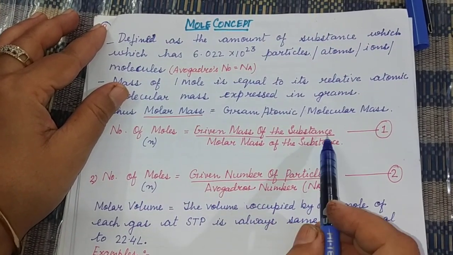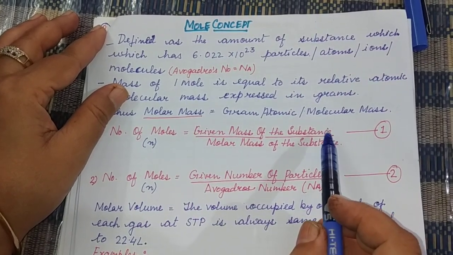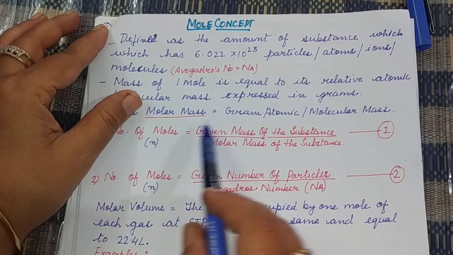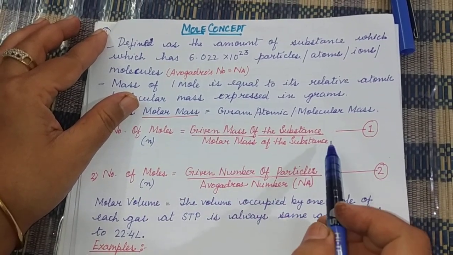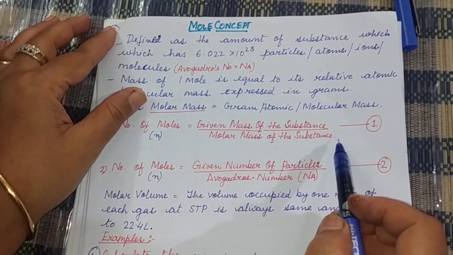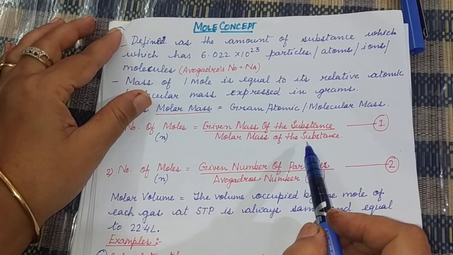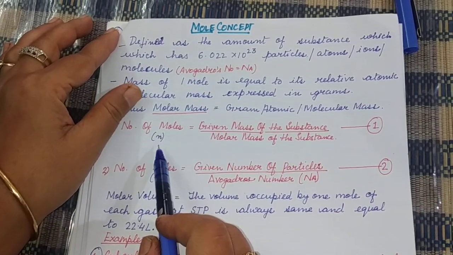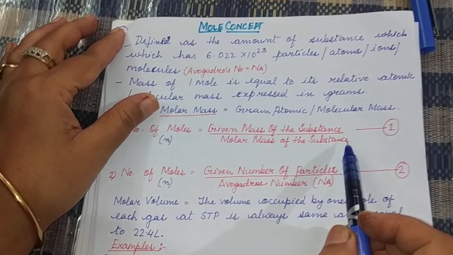Suppose the question gives 100 grams of sodium chloride. The given mass is 100 grams, and the molar mass of sodium chloride, which we just took out, is 58.5. So we write 100 divided by 58.5, and this will give exactly the number of moles present in 100 grams of sodium chloride.